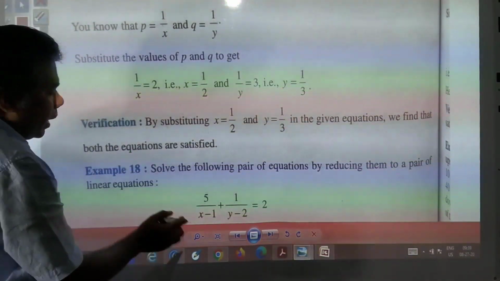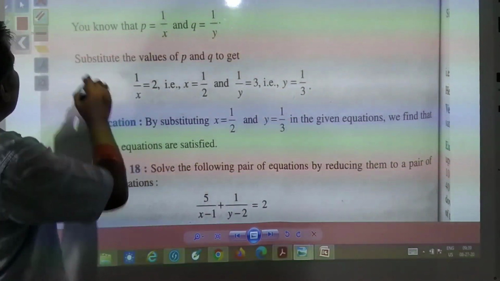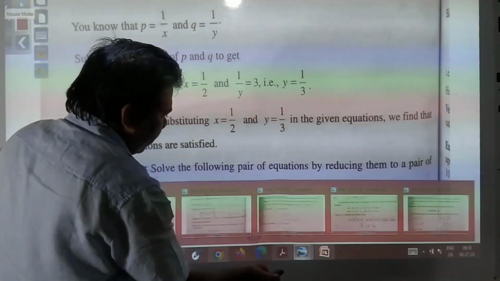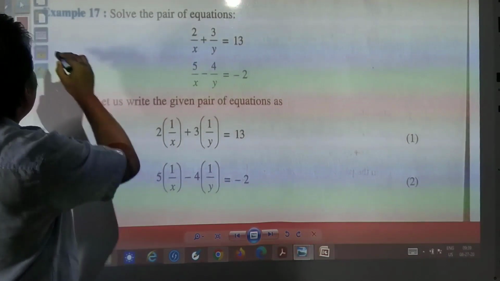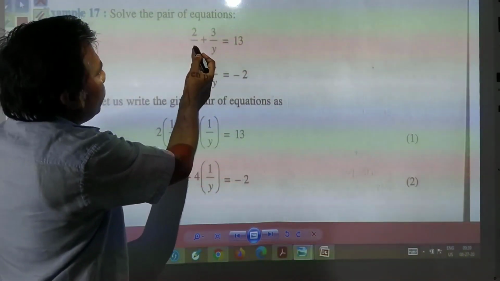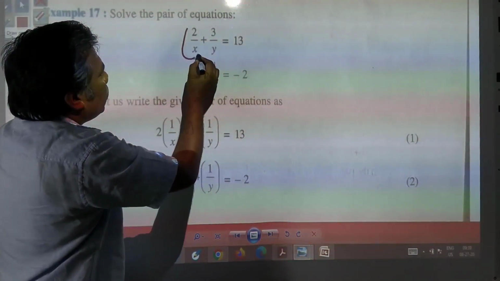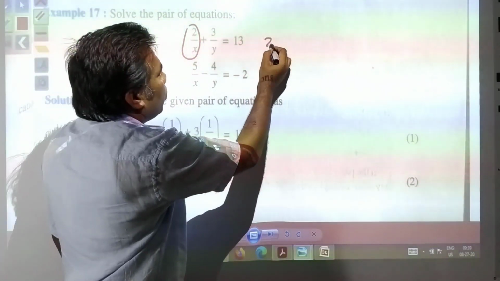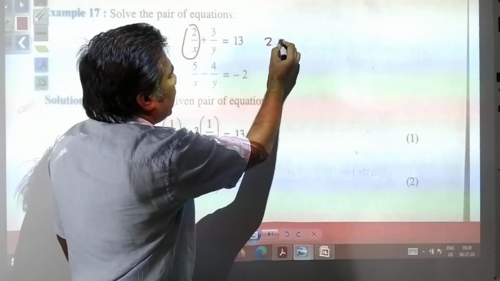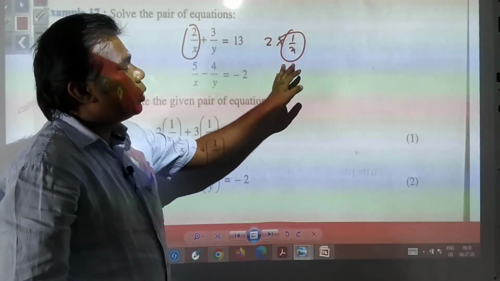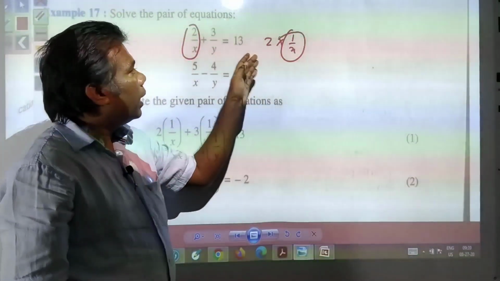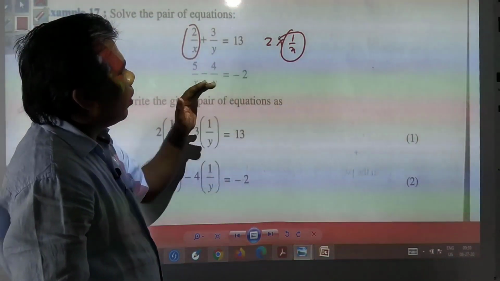So in this type of question, only one thing you need to know: how 2 by x can be written. 2 by x can be written as 2 into 1 by x, and this 1 by x can be assumed as any other variable and that can be written in linear form.